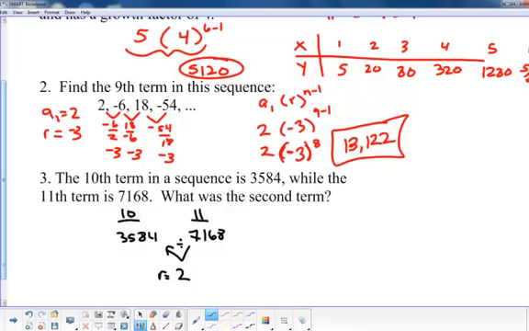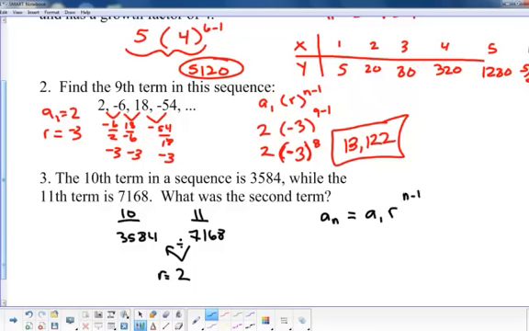So how do we know what the first term is? Well, if we think about our formula, a sub n, so that'd be the 10th term, or 11th, or whatever term you want, equals a sub 1 times r to the n minus 1.